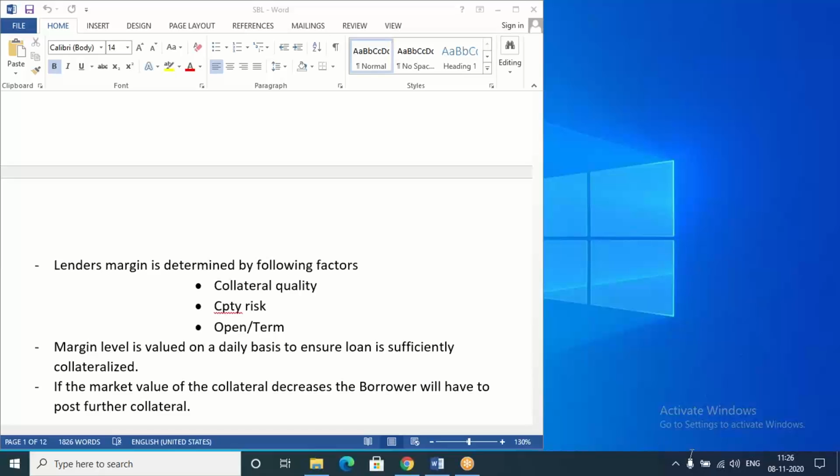So let's say the borrower borrowed a certain amount of securities worth, to keep it simple, 1 million. Now the lender wanted collateral and charges 2% margin.